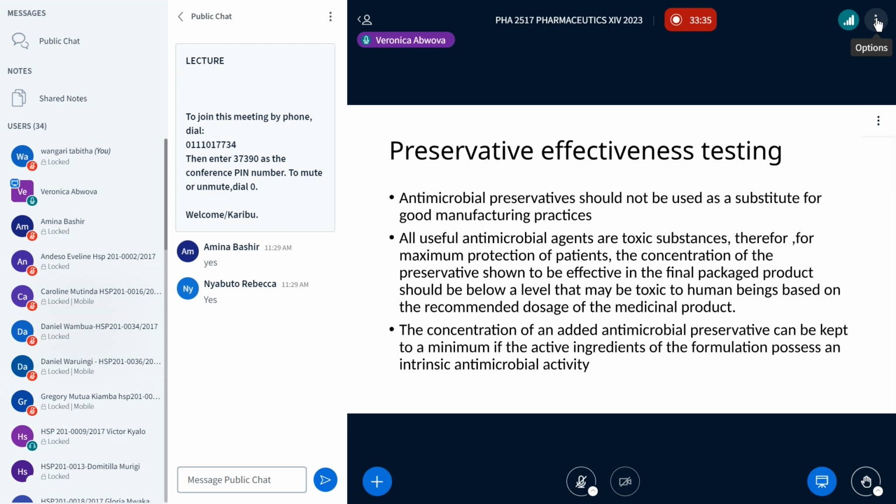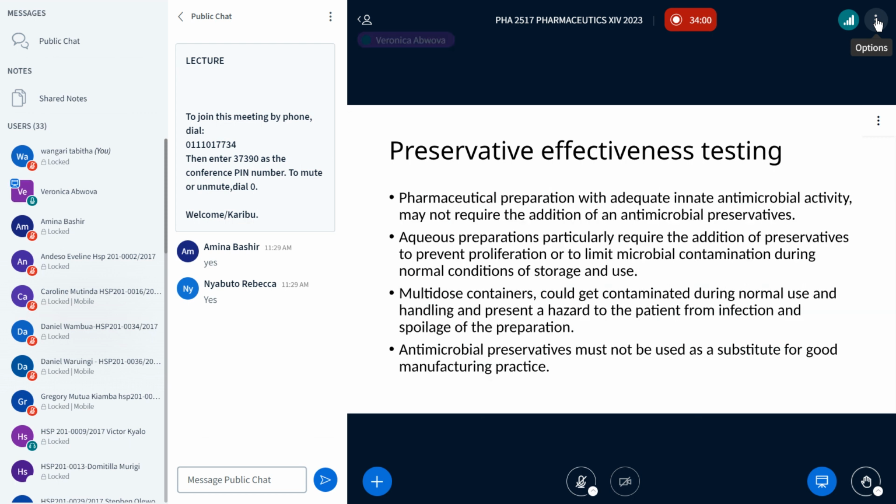And again, one of the things that you realize, if your API has antimicrobial activity in itself, then there is no need to actually add preservative to your pharmaceutical product because the API itself will stop growth of microorganisms. Okay? Remember, we said we don't want unnecessary excipients.